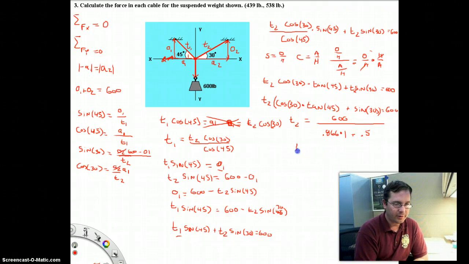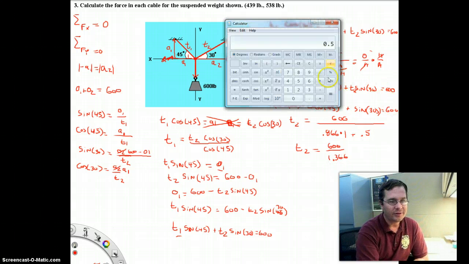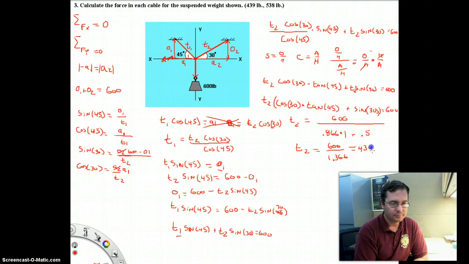So the tension in wire rope 2 equals 600 over 1/2 plus 0.866, so 1.366. And if we punch that up, we get 439 pounds. And that's the tension in wire rope 2. Right here, 439 pounds.